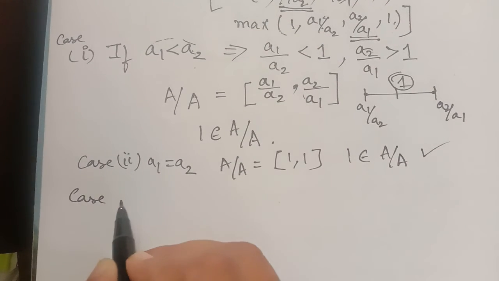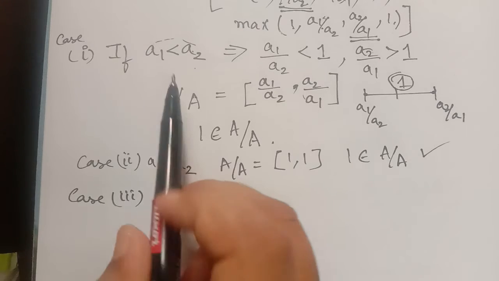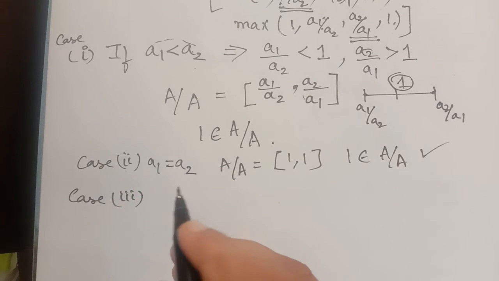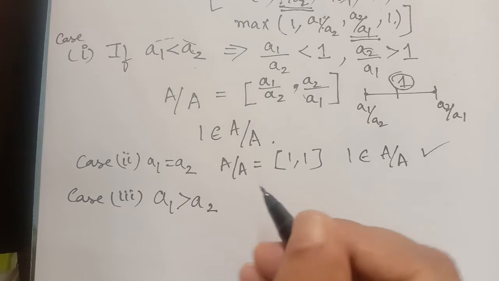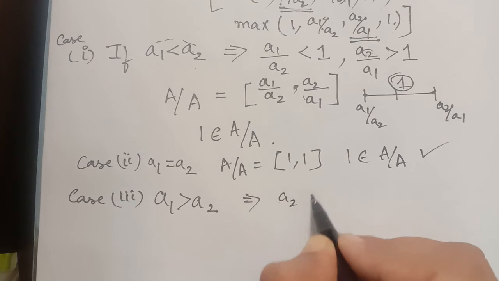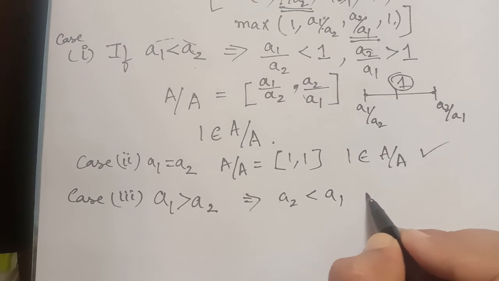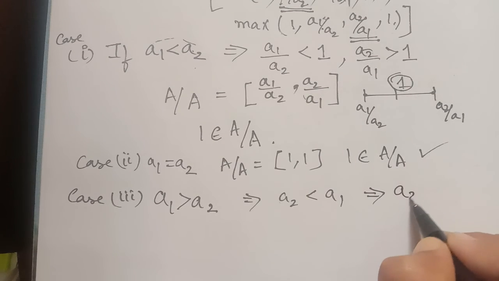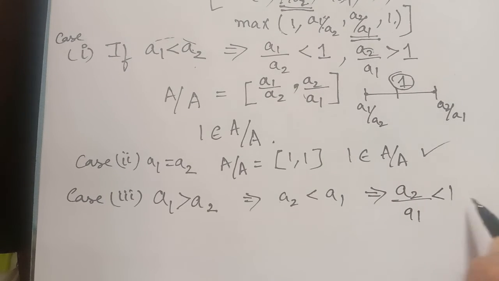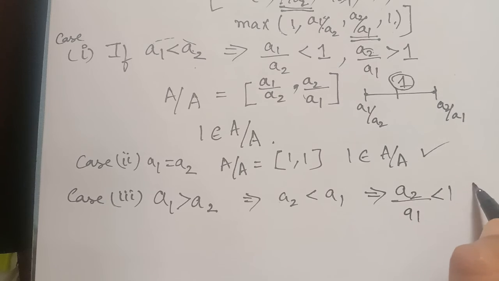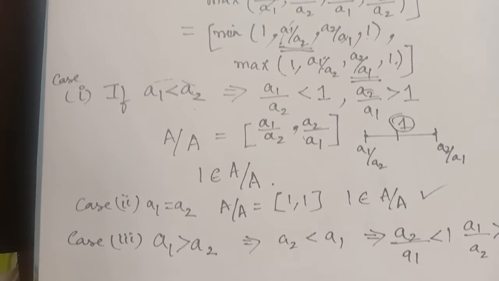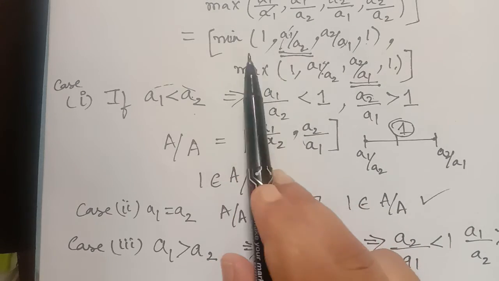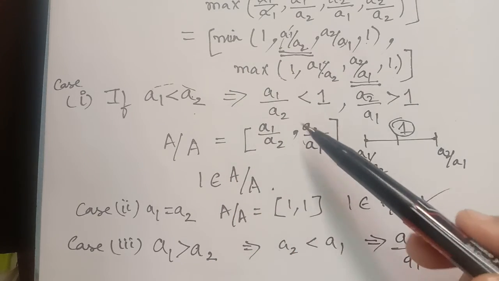Now case 3. Here we had taken a1 to be lesser than a2, and now we will take a1 to be greater than a2. From this we can say that a2 is lesser than a1. So we obtain a2 by a1 to be lesser than 1 and its reciprocal a1 by a2 to be greater than 1. Here it will be absolutely the same, only the change will be like this.